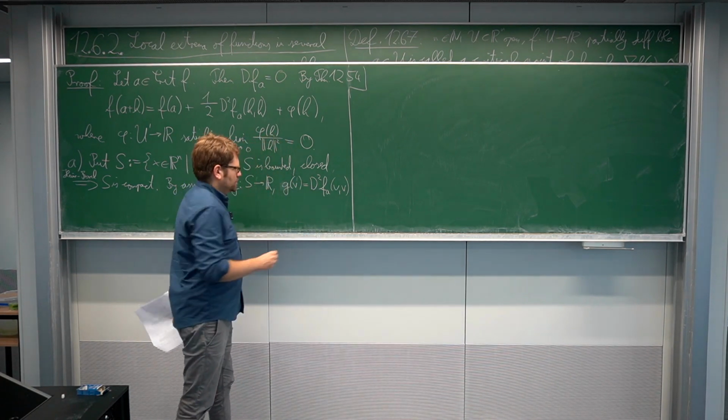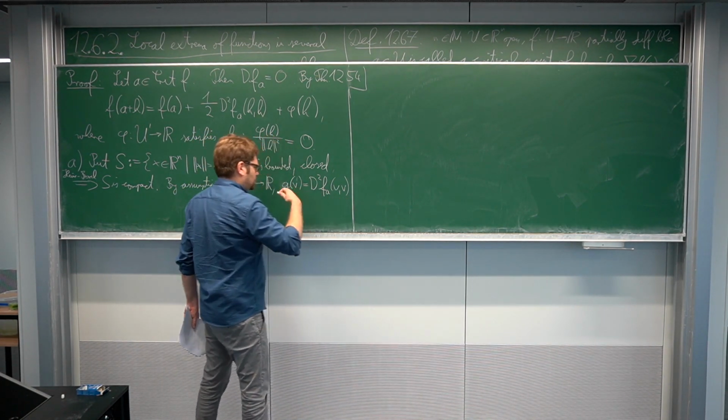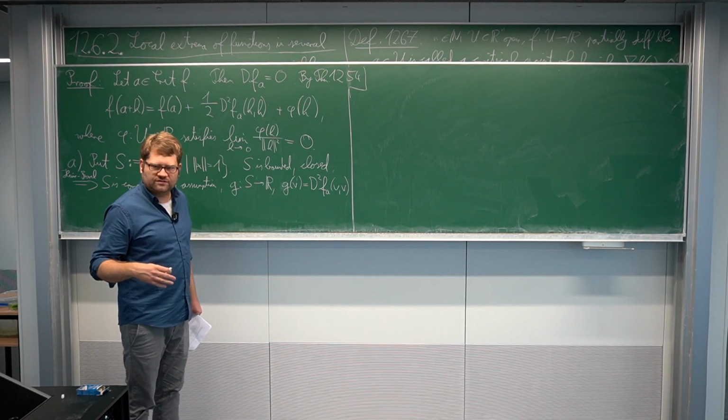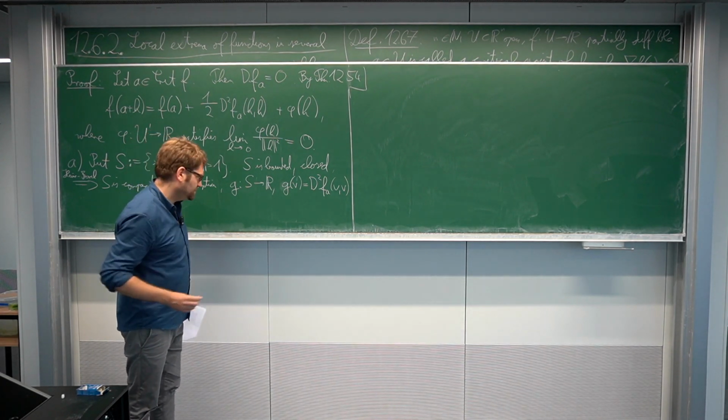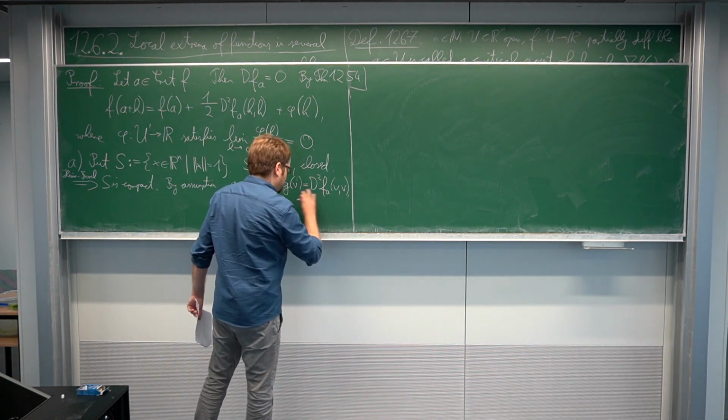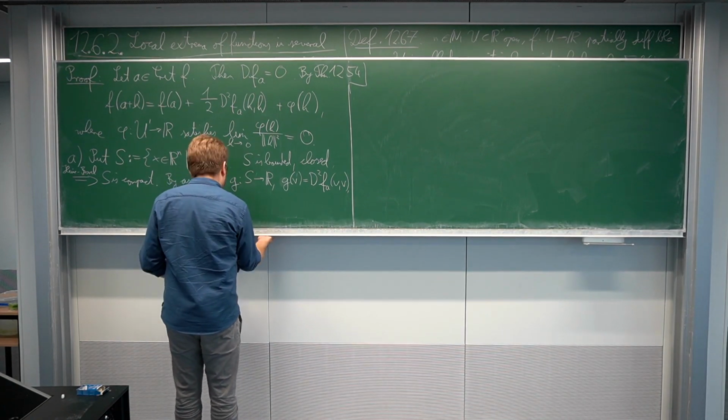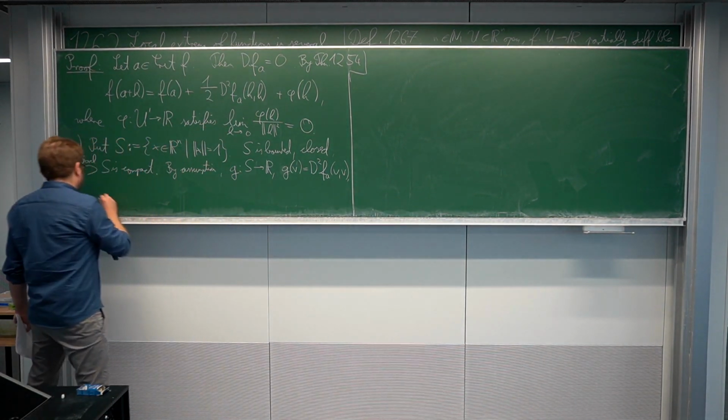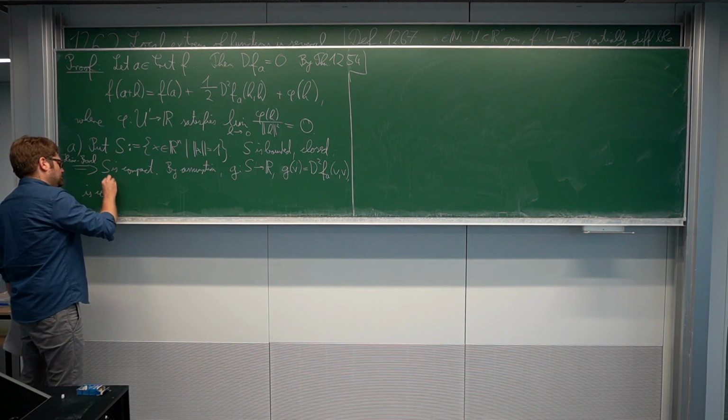If we boil this down and compute this in terms of partial derivatives, there's only second order partial derivatives involved, and by assumption they are continuous. And from this you can see, when you write this in terms of the partial derivatives, this map is continuous.